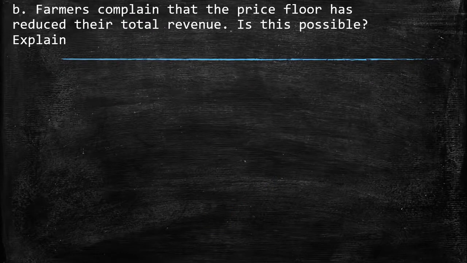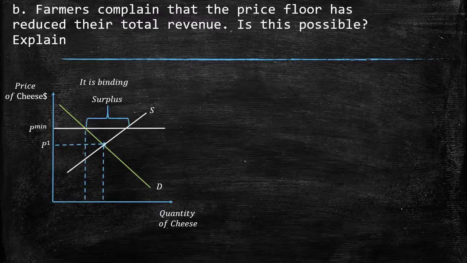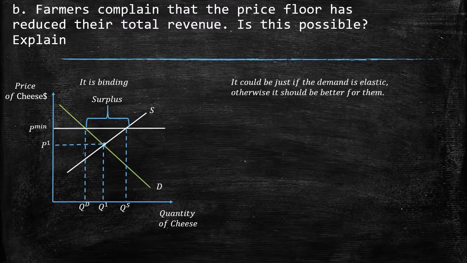Farmers complain that the price floor has reduced their total revenue. Is this possible? Explain. So here we have again our chart, with the equilibrium prices. How can we look at the revenue? Remember that it could happen just if the demand is elastic.